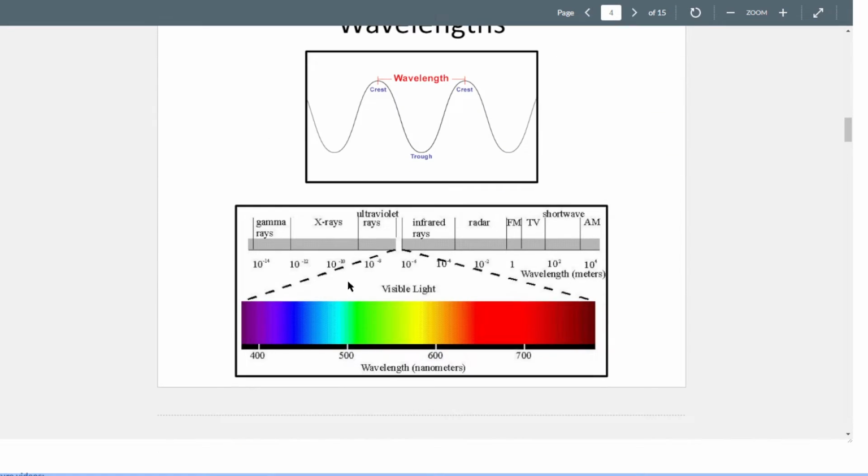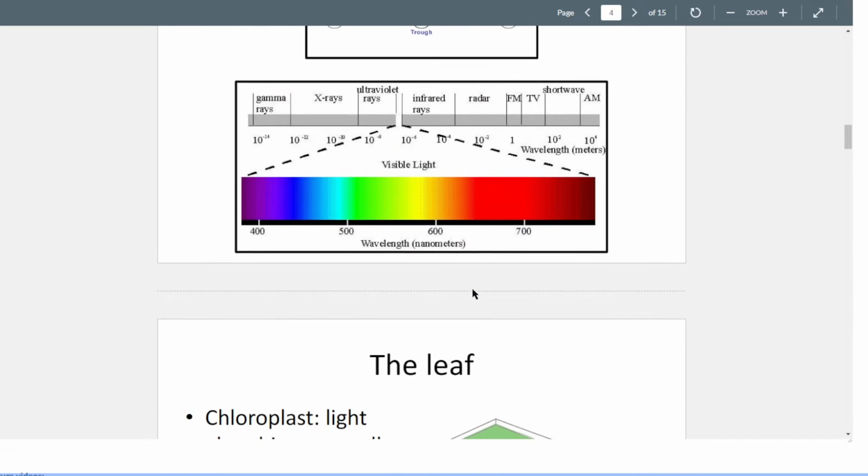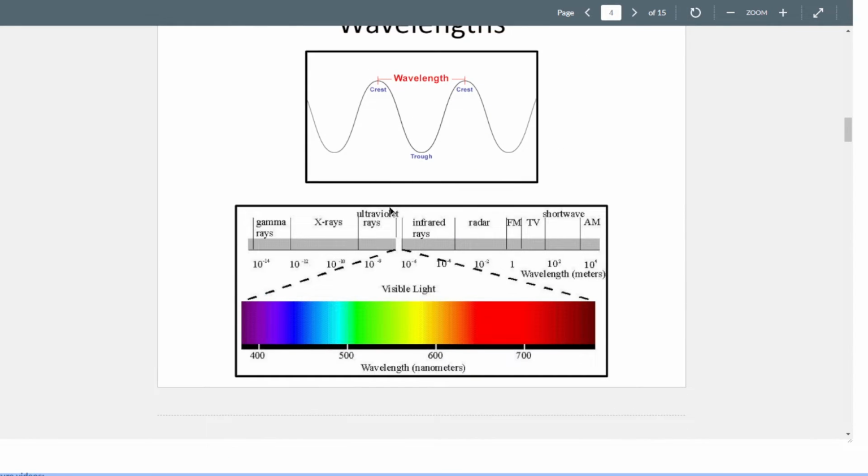So here's a picture of wavelengths. Let's say a pigment looks at blue, a pigment will detect red. This is visible light. We all know microwave waves are very dangerous. And the most effective wavelength is, of course, gamma rays. Those are the safest.